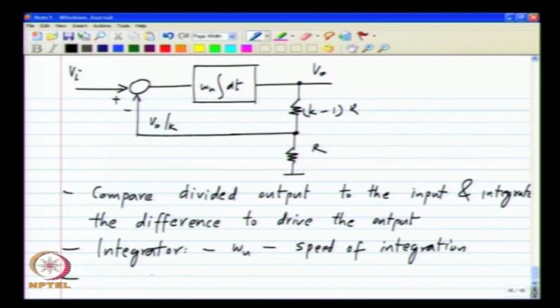And we also looked at how V naught changes with time. We know that the steady state solution is the steady state. In steady state the output V naught reaches the ideal value of k times Vi, but how does V naught change with time, that also we looked at. And to do that you have to solve a first order differential equation.